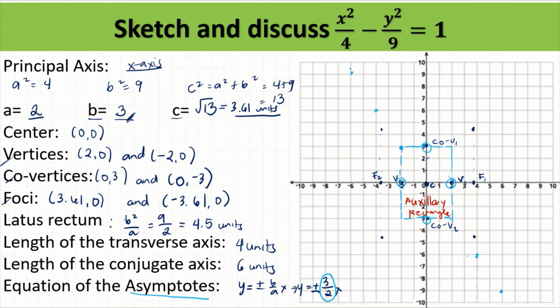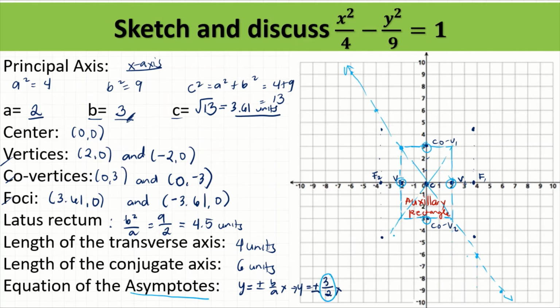Okay, so pagdudugtong-dugtungin natin yung ating points para sa ating asymptotes. Again, these are imaginary lines. Okay, so ganun din sa kabila. So, yung vertices ng ating rectangle, dapat mag-cross siya at dadaan sa center.